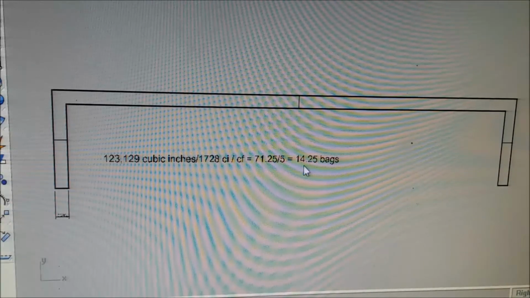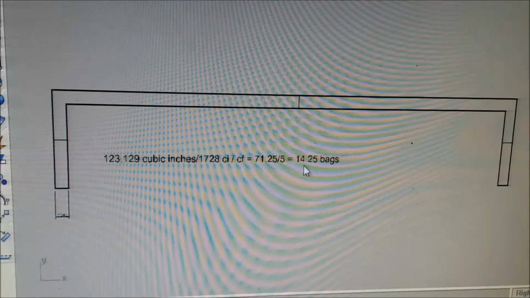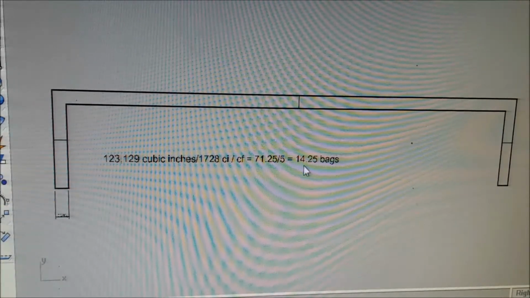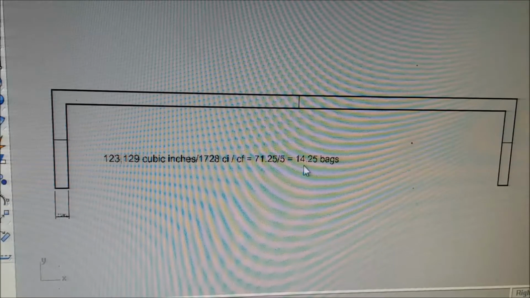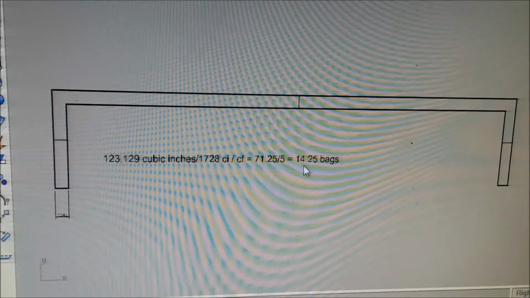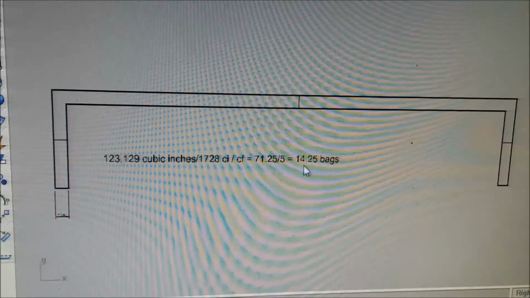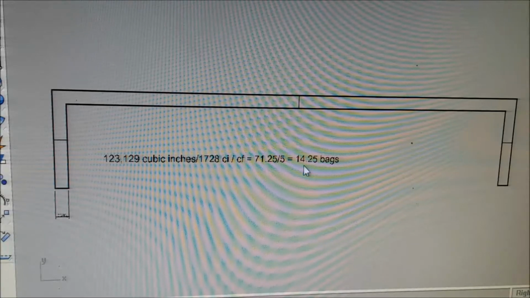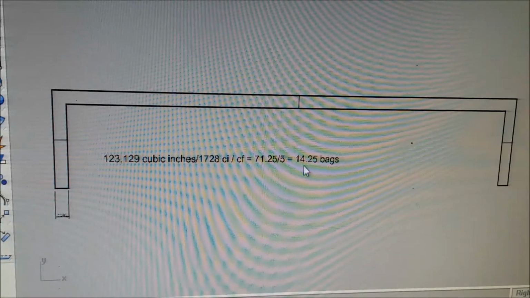But you want to make sure you have 10% over in case you have calculation problems or the forms aren't the exact size. You're intending for a 7-inch wall, but it might be 7 3/16 or something. So make sure you have enough, at least the cement, you need to have a little bit over.